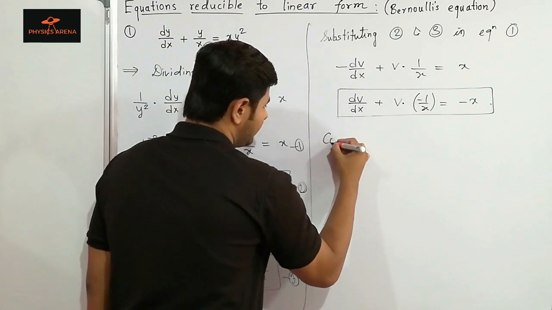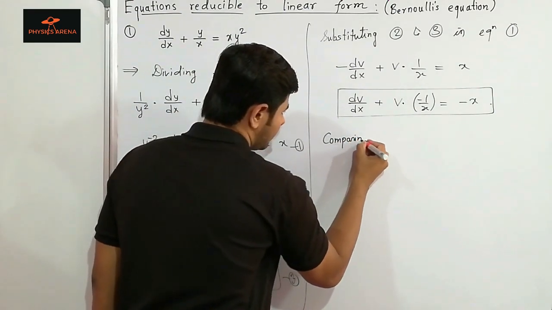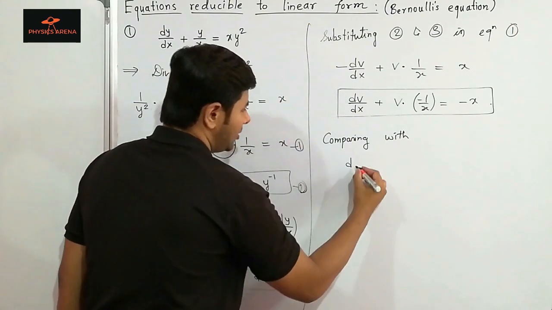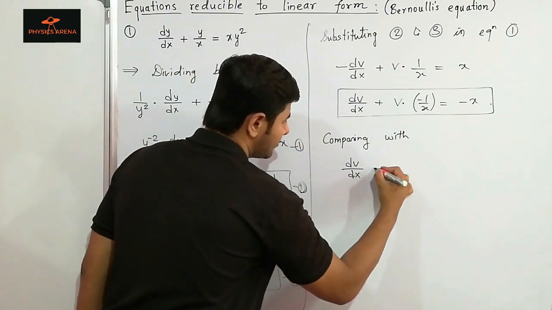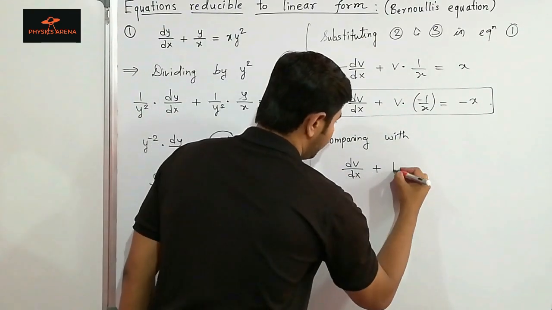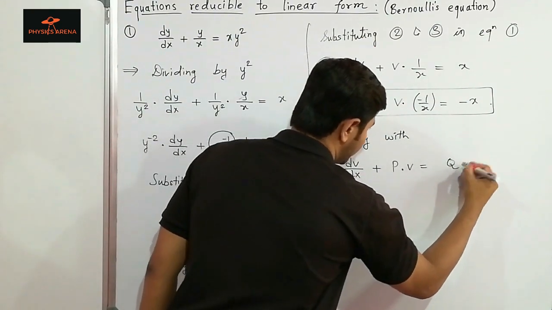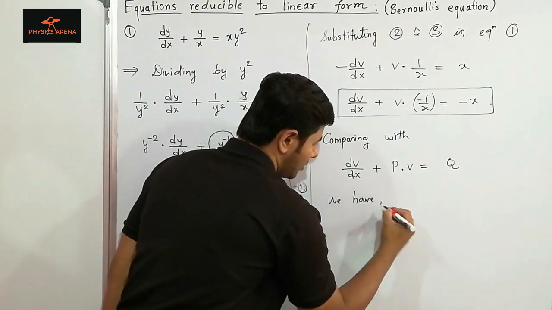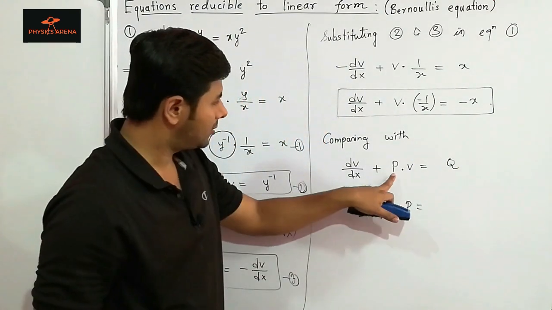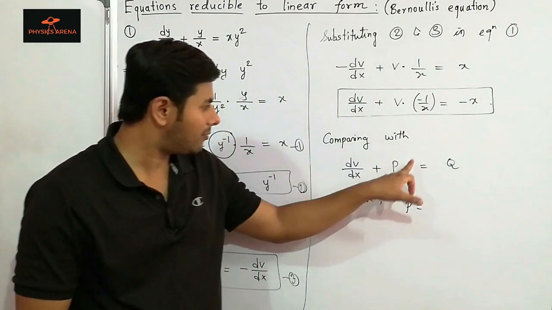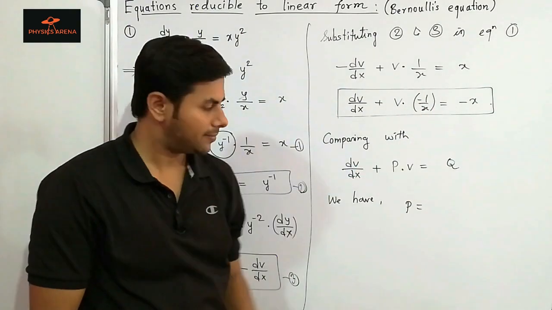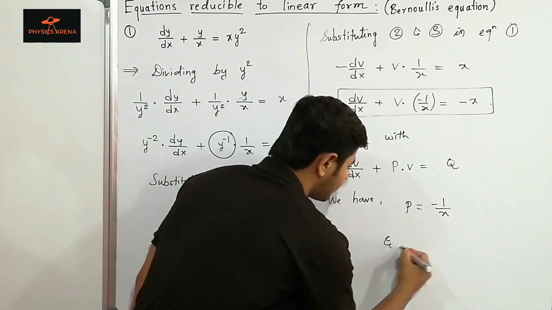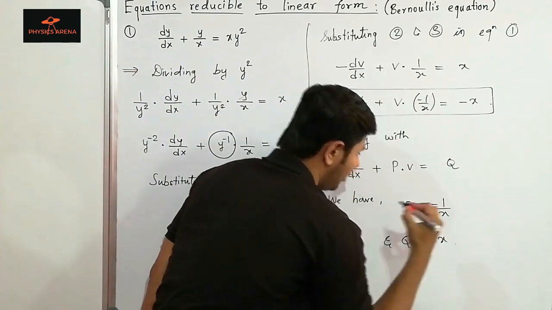Now comparing with, now v is the variable, so dv by dx plus p times v equals q. We have p equals, comparing this with this, p equals minus 1 over x, and q equals minus x.